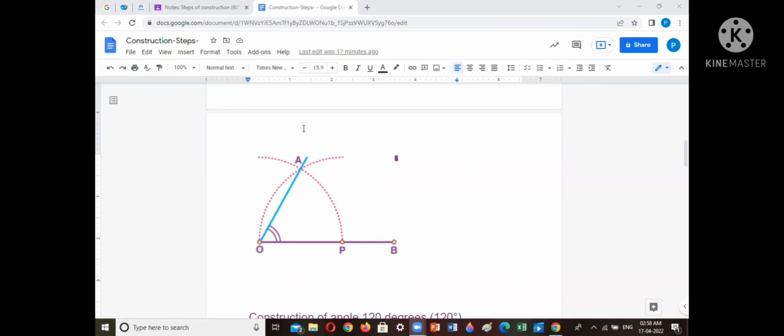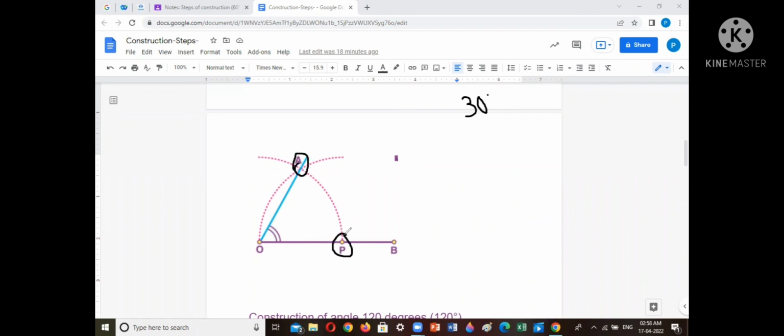So here I have taken out again the diagram of the 60-degree angle. For the construction of the 30-degree angle, what I will be doing is firstly constructing the 60-degree angle. After the construction of the 60-degree angle, I've got 2 points, the point A and the point P.